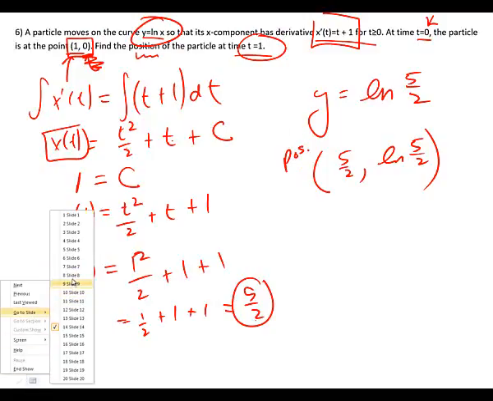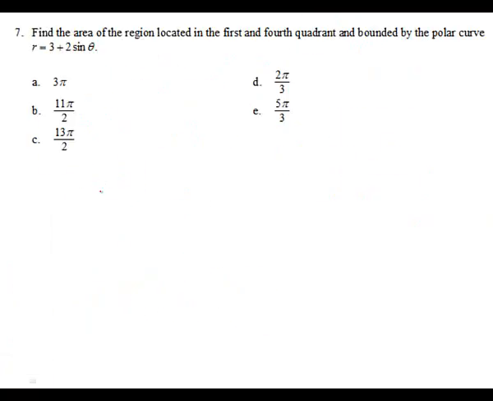On the multiple choice is what they're asking for. All right, we need the area. So the area of the region located in the first and fourth quadrant bounded by the polar curve. When I looked at the book problem, they graphed it.